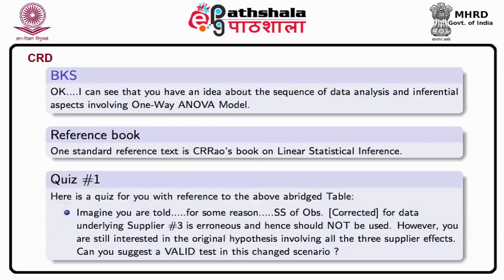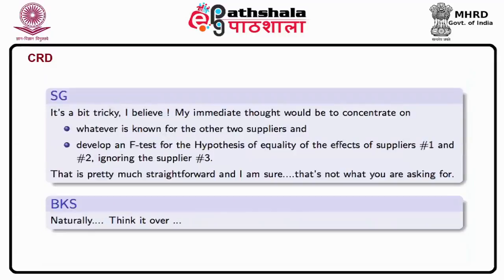Now we are told that the sum of squares corresponding to the supplier number 3, that is erroneous and that should not be used. However, we are still interested in the original hypothesis involving all the 3 supplier effects. Can you suggest a valid test in this changed scenario? It's a bit tricky, I believe.